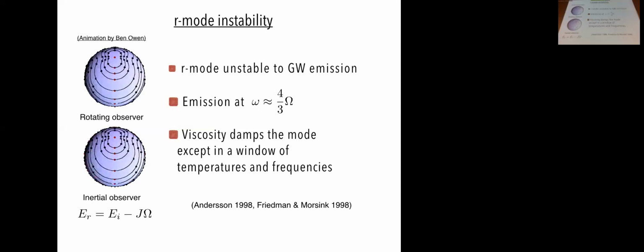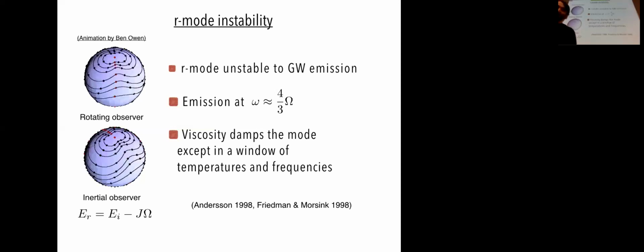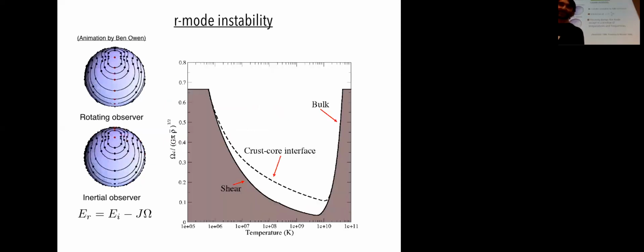And the mode can grow as long as viscosity doesn't damp it faster than gravitational waves drive it, of course. So we're interested in understanding where this is possible, because if you have something that grows to large amplitudes, of course, you can try and detect it.